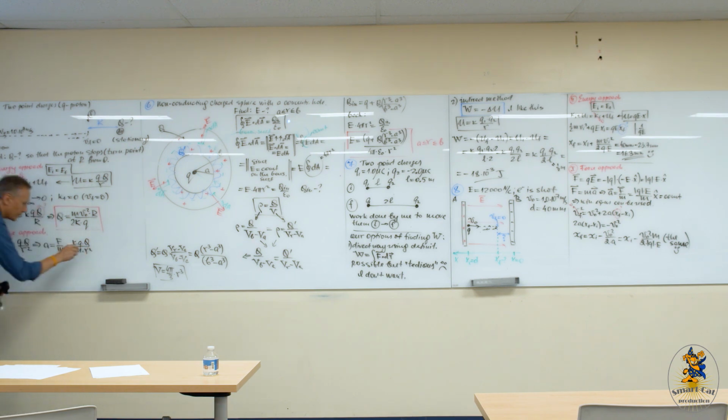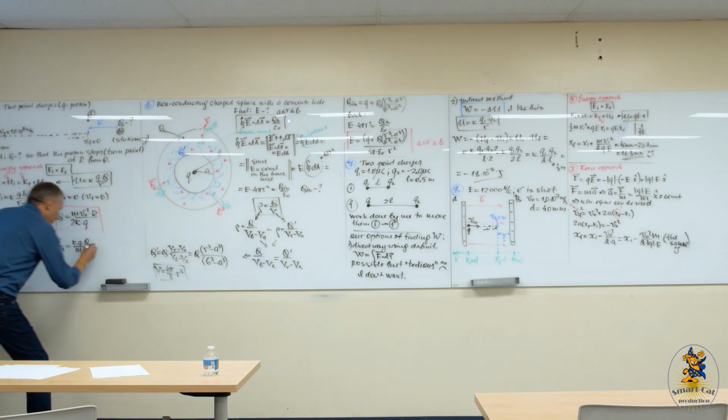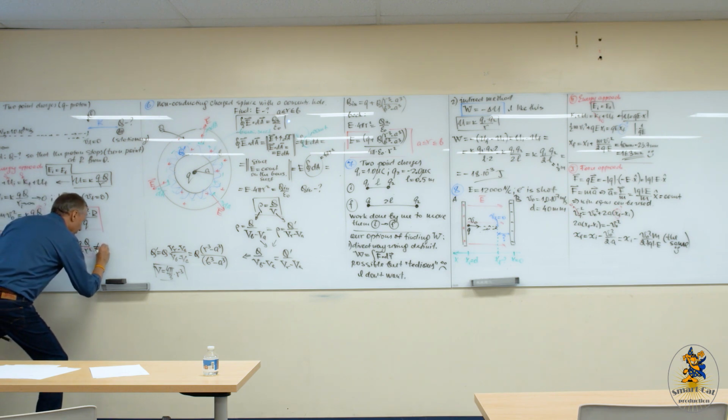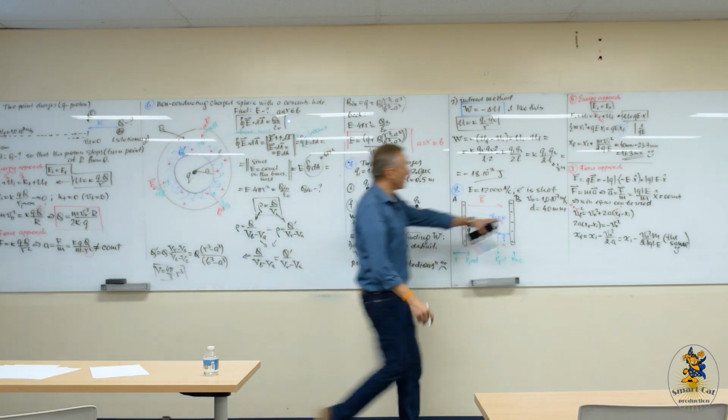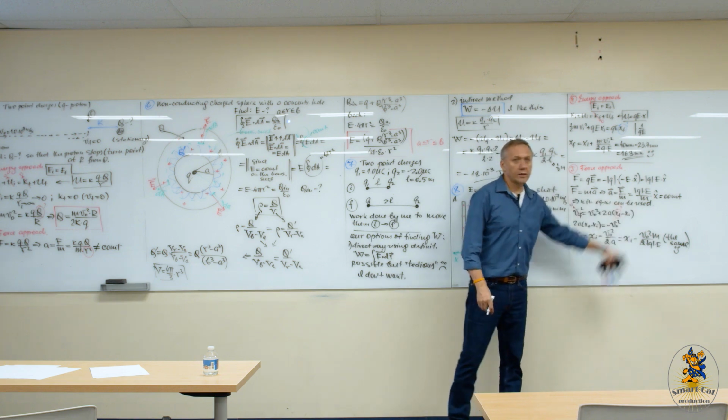And because of this R squared, it ruins the game. So as a result, it's not constant, and as a result, kinematic equations cannot be used.